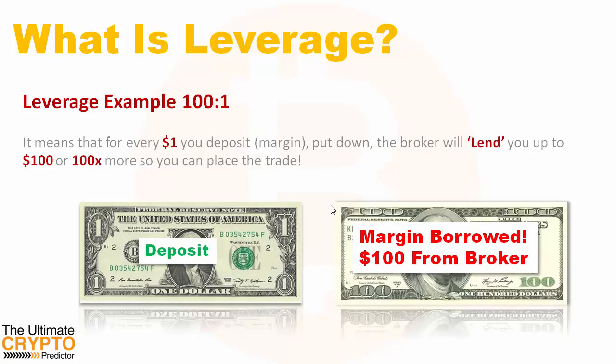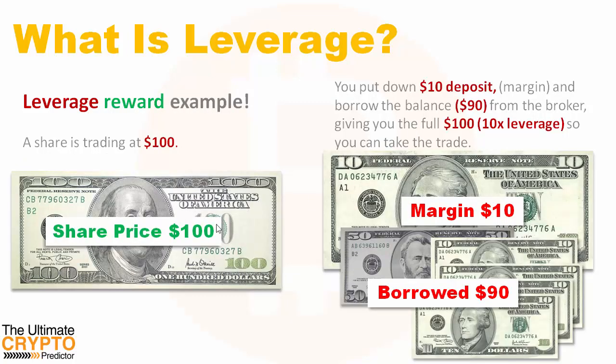And the same if we do 100-to-1, no different whatsoever. $1 will allow you to trade up to 100 times, or $100 worth of the actual stock, commodity, currency, whatever it is you're trading. So let's have a look at an example.